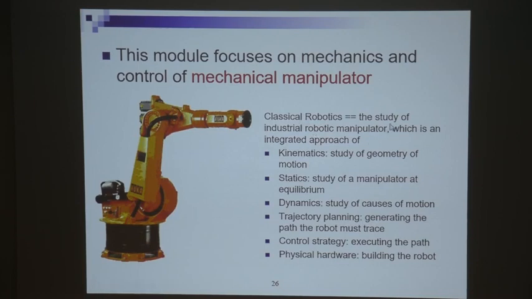Classical robotics is the study of the industrial robot manipulator, which involves an integrated approach of kinematics, which is essentially the study of the geometry of motion; statics, the study of the manipulator at equilibrium; dynamics, the study of the forces of motion; trajectory planning, which is generating the path the robot must travel; and the control strategy, which is about the execution of the path.